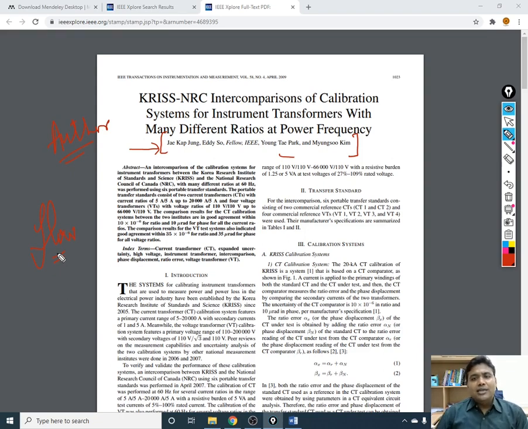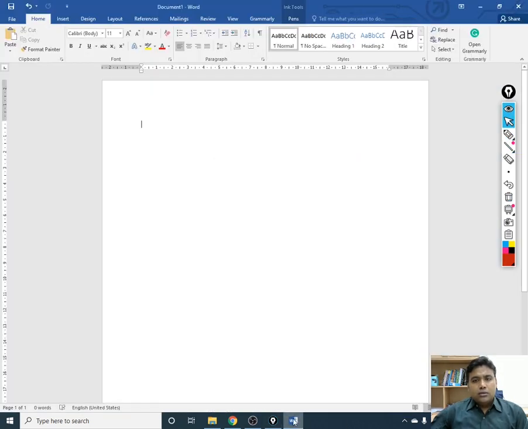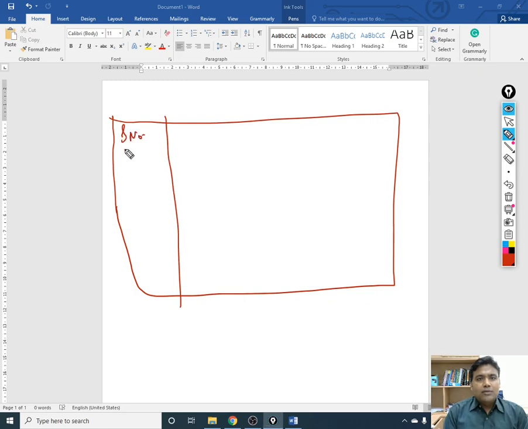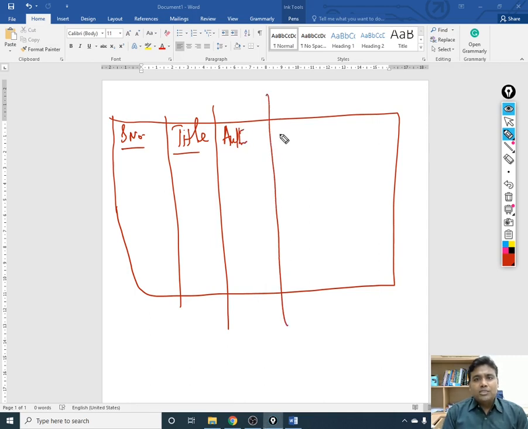So you can create an Excel sheet. As I suggest, you just create an Excel sheet where, in the initial part of the research, suppose this is your serial number, then you indicate the title of your paper, and then the author, and where the paper has been published, the journal name, and find out the objective of the paper, and whether there is any limitation of the work.